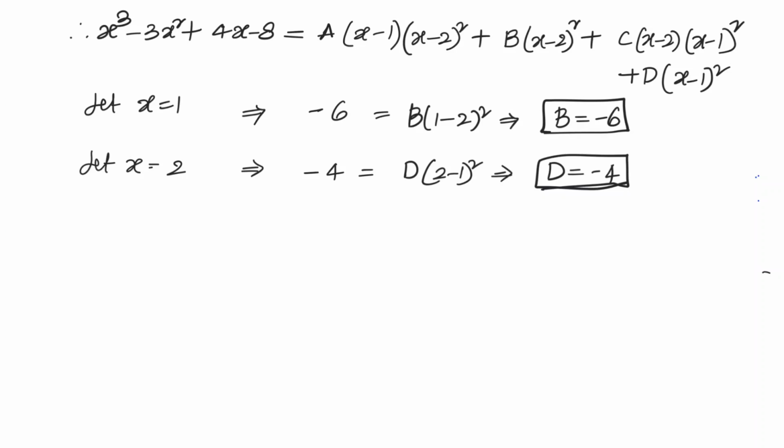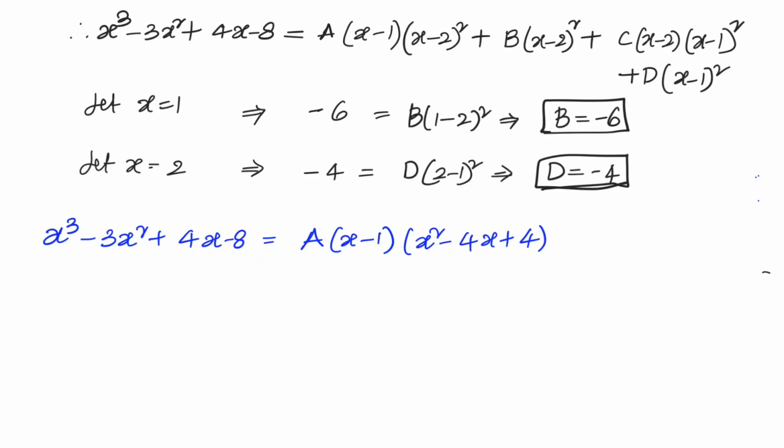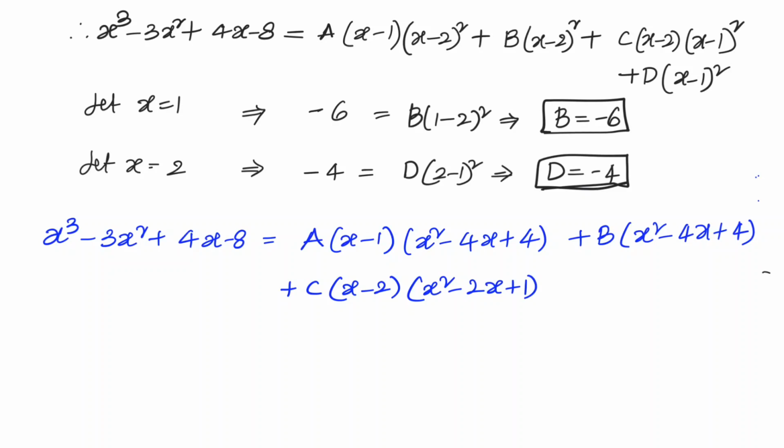So we will write down x cube minus 3x square plus 4x minus 8 equals a into (x minus 1) into (x minus 2) whole square, which can be written as x square minus 4x plus 4, plus b into x square minus 4x plus 4, plus c into (x minus 2) into (x minus 1) whole square, which can be written as x square minus 2x plus 1, plus d into x square minus 2x plus 1.